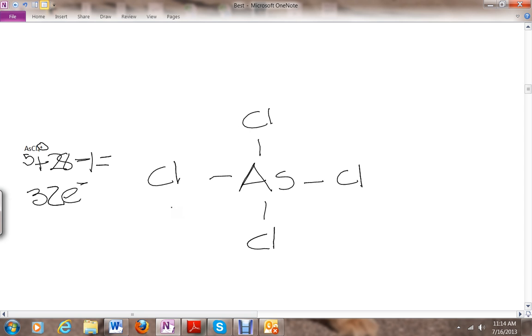You can do it first, you can do it later, but first of all, this is important: you just bond them, you join them with one lone pair. Then you start to do the other ones.